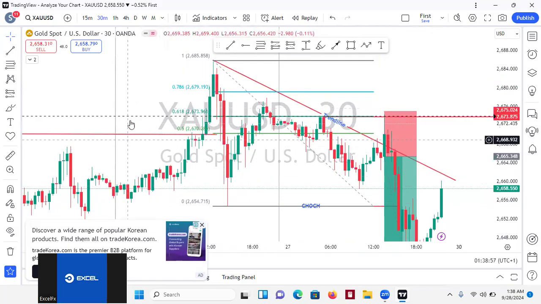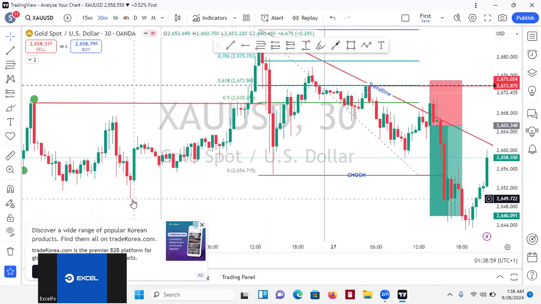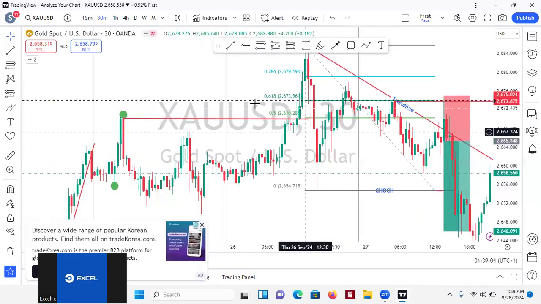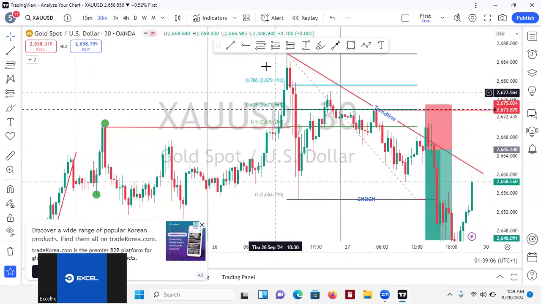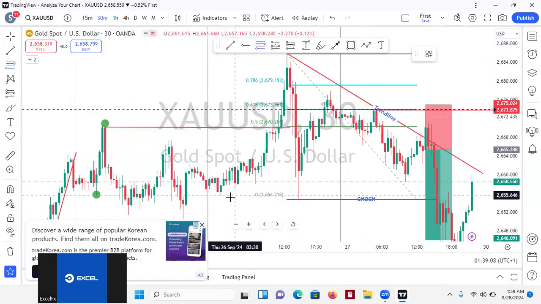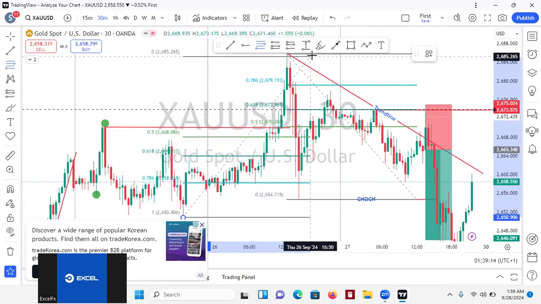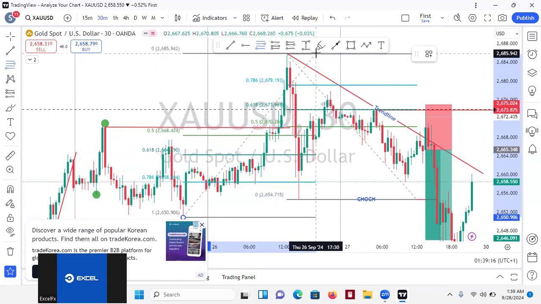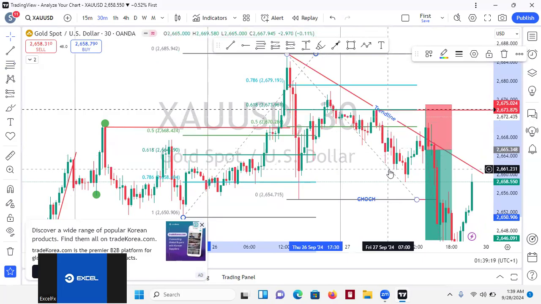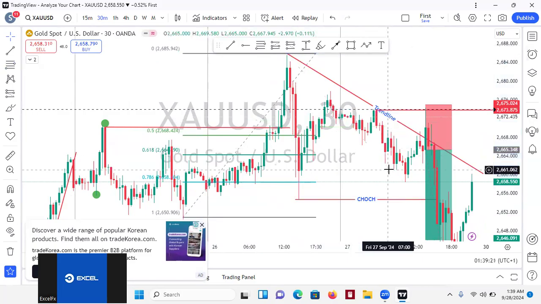Then if it is an uptrend, let me show you basically on this very uptrend movement. If it's an uptrend, you connect the very low up to the high. Let me delete this off so that you can see clear.